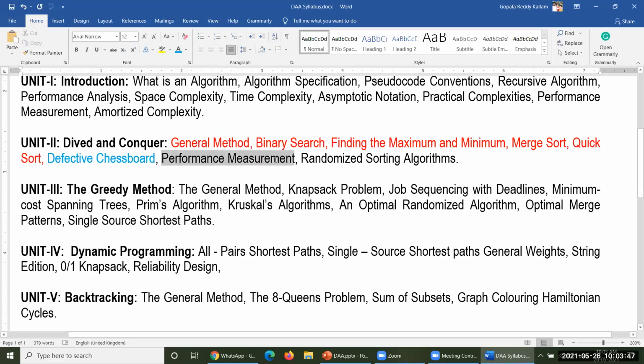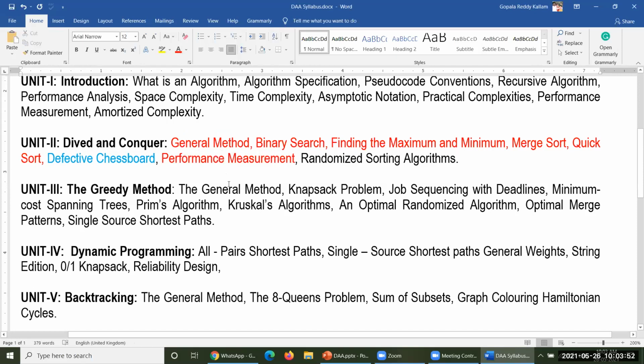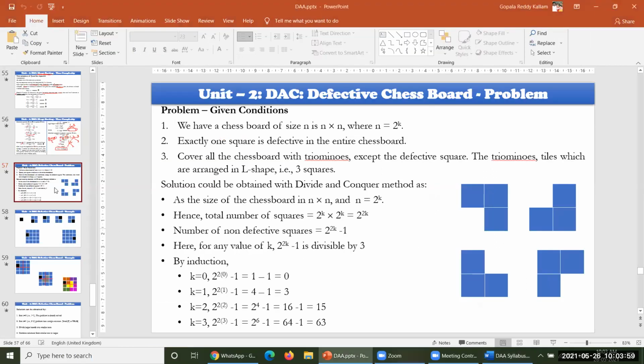Performance measurement is already being done as every problem has been taken into consideration. Now let us consider the defective chessboard problem. What exactly is this problem? Everybody has a chessboard having 8 by 8 tiles, so totally 64 tiles in the chessboard.